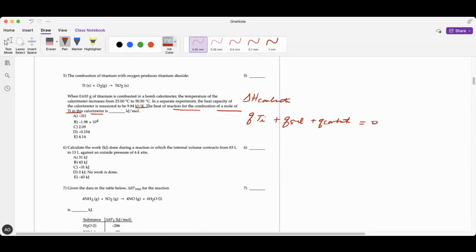And that's going to be equal to 0, so the heat of combustion is going to be equal to negative Q of the titanium, minus that of the calorimeter. So the Q of combustion is going to be equal to a negative Q for burning the titanium. It's going to be 0.61 grams.